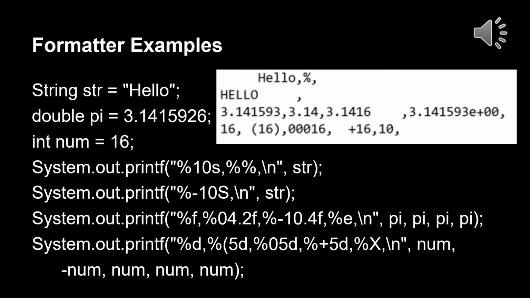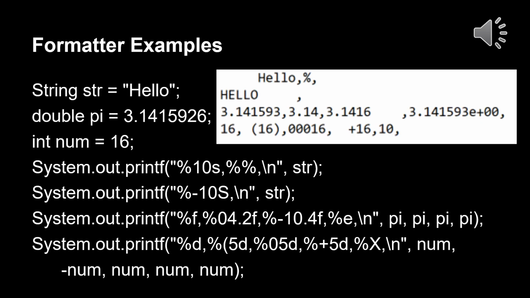Basically, it means in a field width of 4, 2 digits after the decimal, print out pi. The third one, %-10.4f. So in a field width of 10, left justified with 4 decimal places, print out pi. And then finally, %e is print out pi in exponential notation.